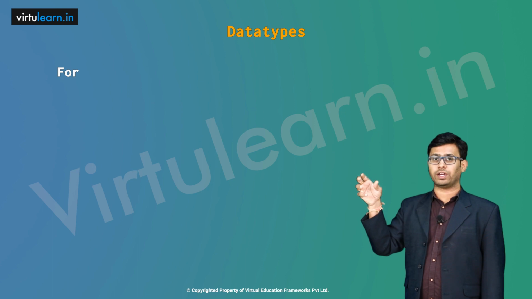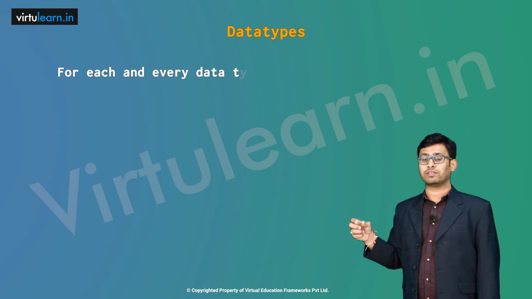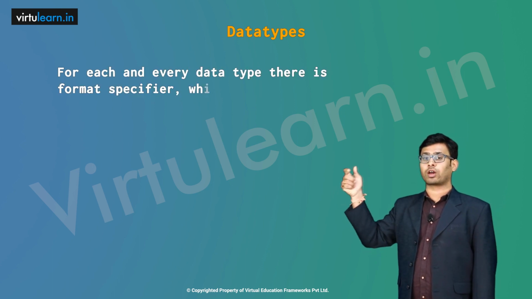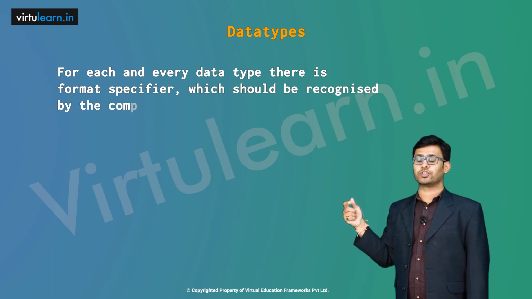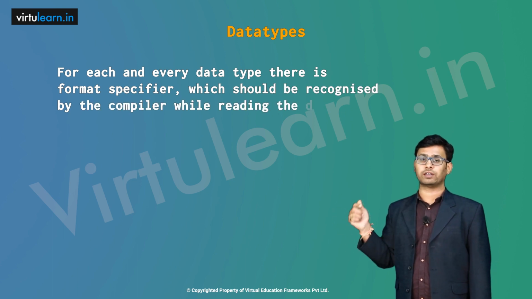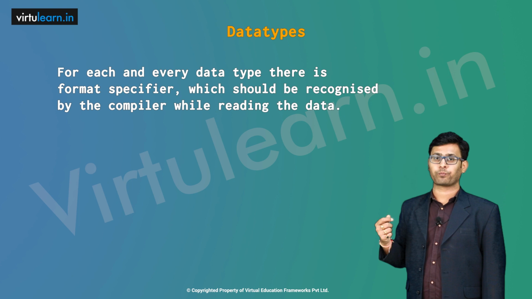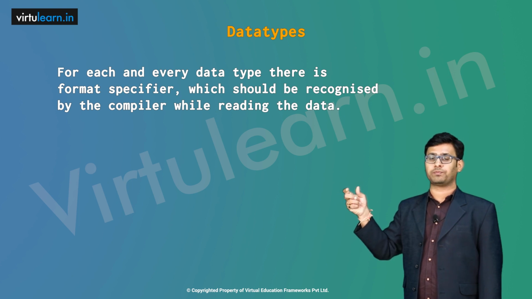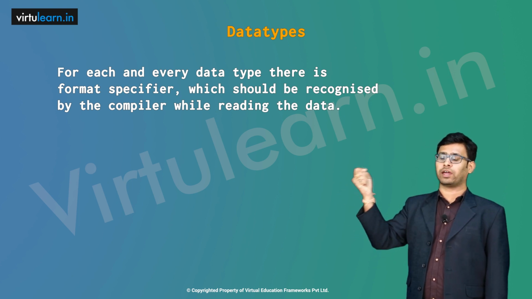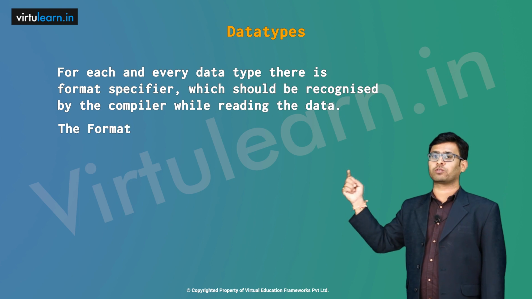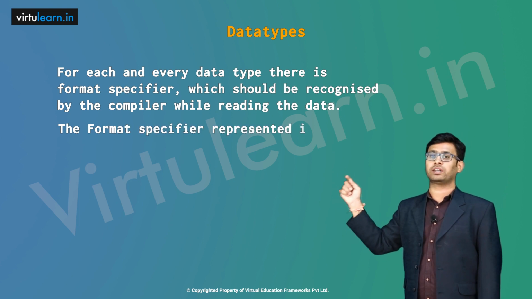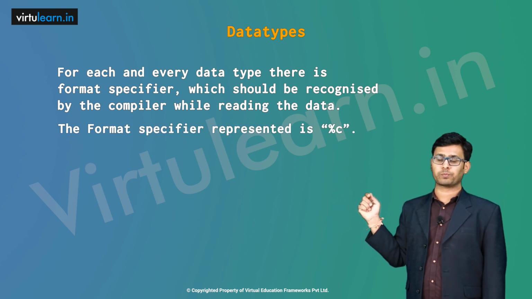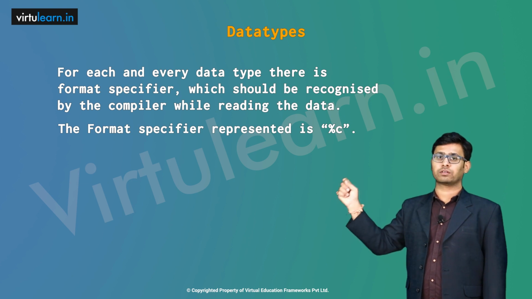For each data type, there is a format specifier which should be recognized by your compiler while reading the data. For character, whenever you want to read a single character, the format specifier is %c. Just remember this.